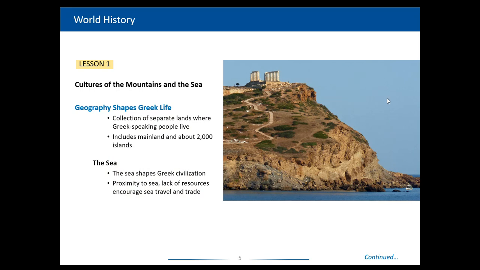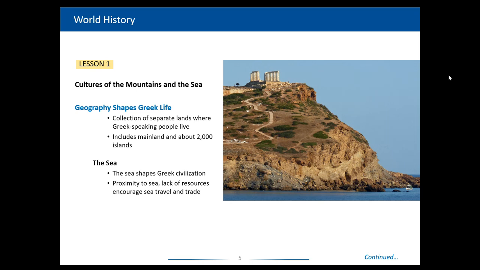The cultures of the mountains and the sea. Geography shapes Greek life and the collection of separate lands where Greek speaking people lived, including the mainland and about 2,000 islands.